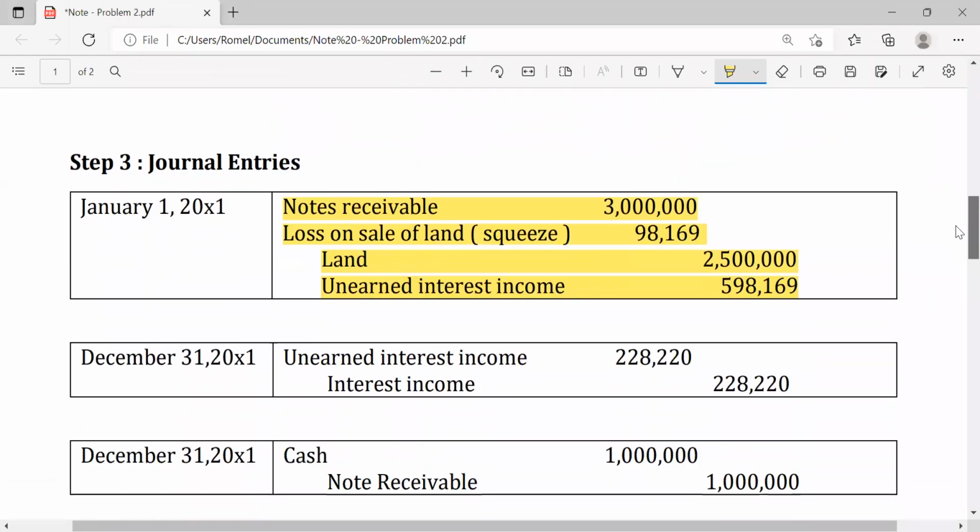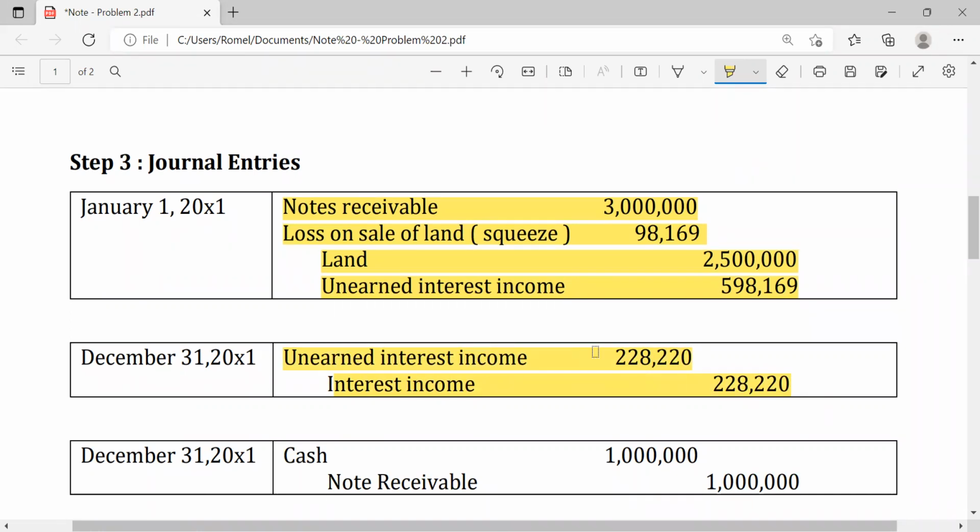Okay. For December 31, 20X1, there will be two journal entries. First is this: debit unearned interest income, credit interest income. Bakit natin dinebit ang unearned interest income?